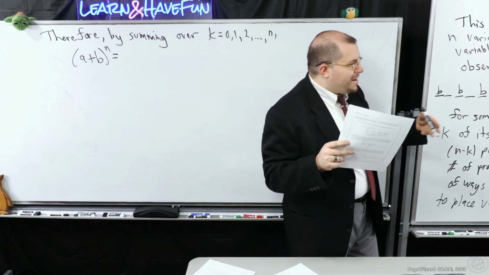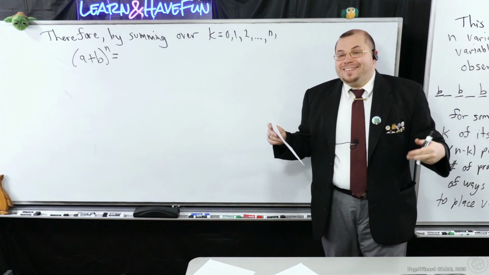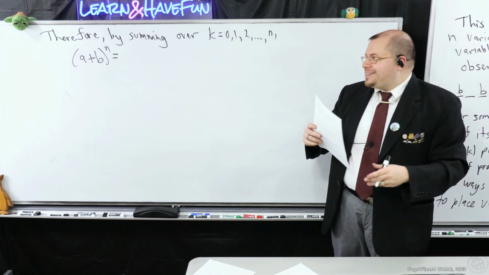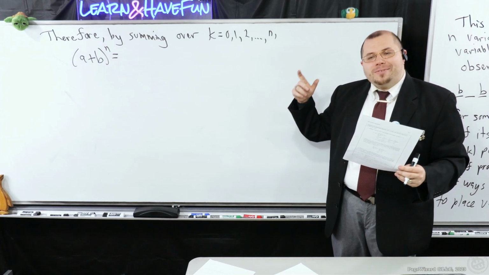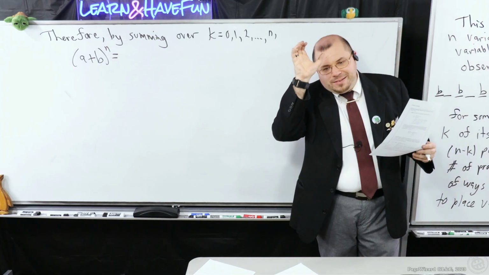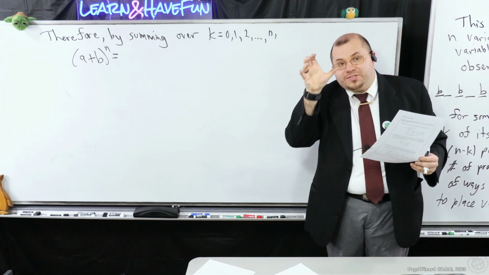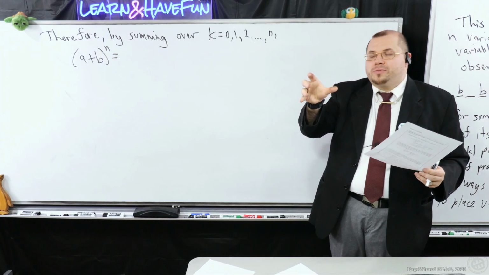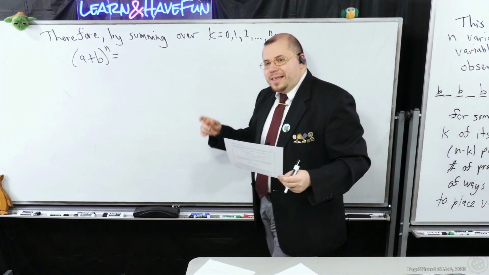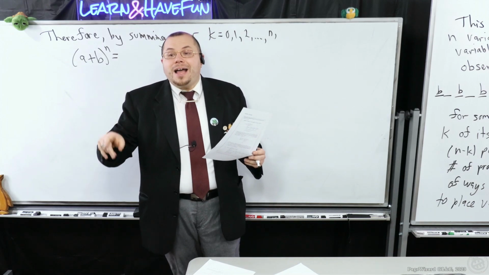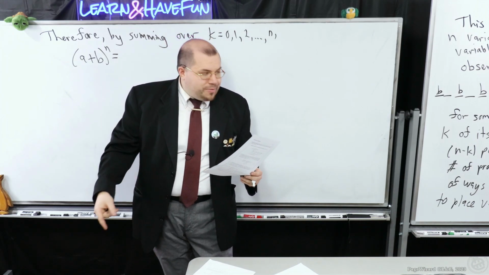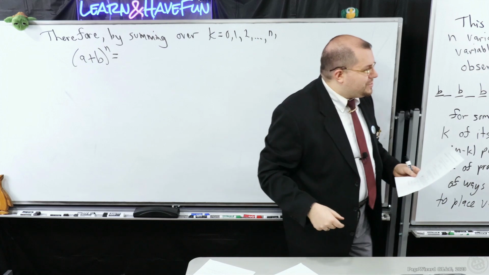We can break it up into factors, right? There's n of them. Then we realized each one of them has a form that it takes on based on the associative and commutative laws of algebra, right? Then we wanted to know how many times that appears, and we realized for each k, it's n choose k.